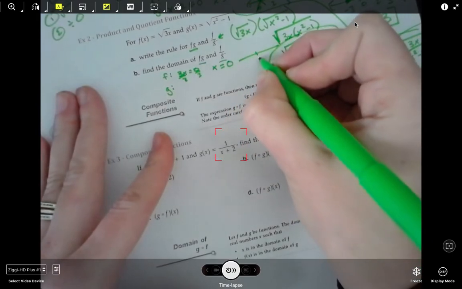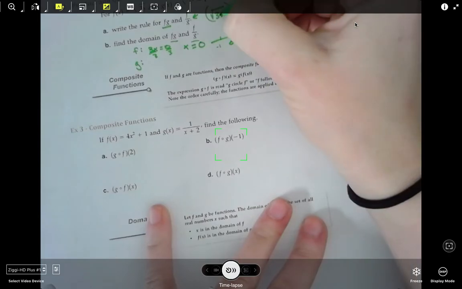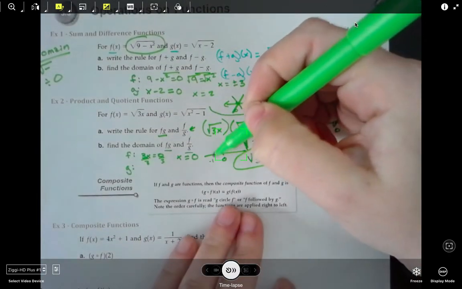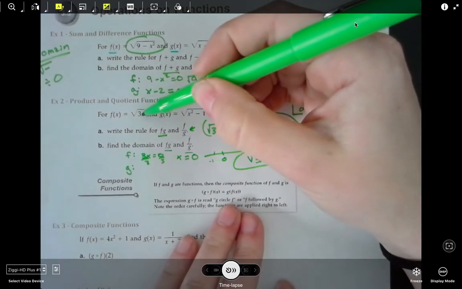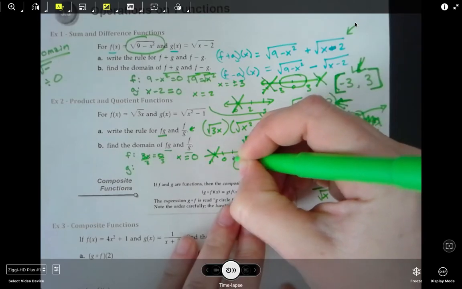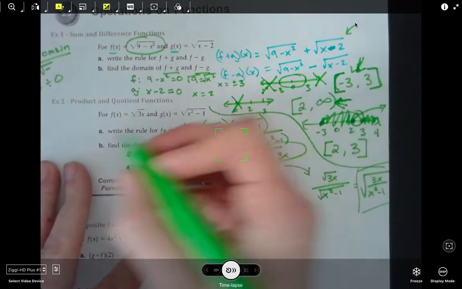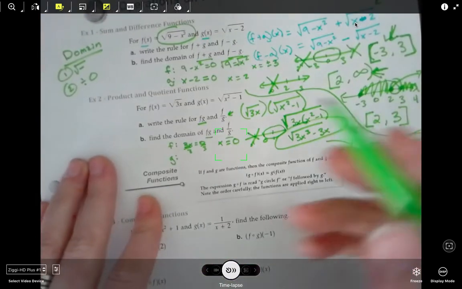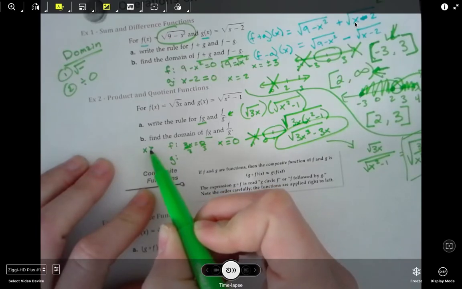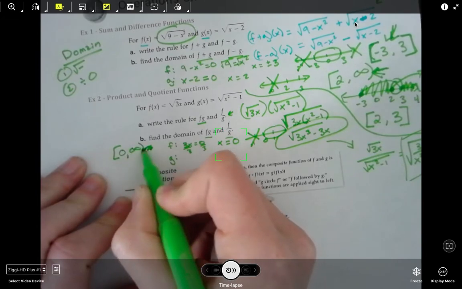And on a number line, if we have 0 here, if I have a number less than 0, like -1, and I plug it into that equation, 3 times -1 is going to give me a negative, so I cannot have that. If I plug in a positive 1, I can take the square root of 3, so that will work. So f, oh my gosh, we have such a mess here. All x's that are greater than or equal to 0. So we'll write it like this. 0 to infinity will work for f.